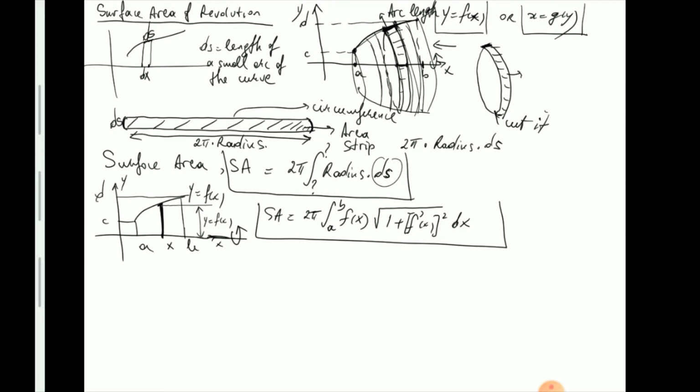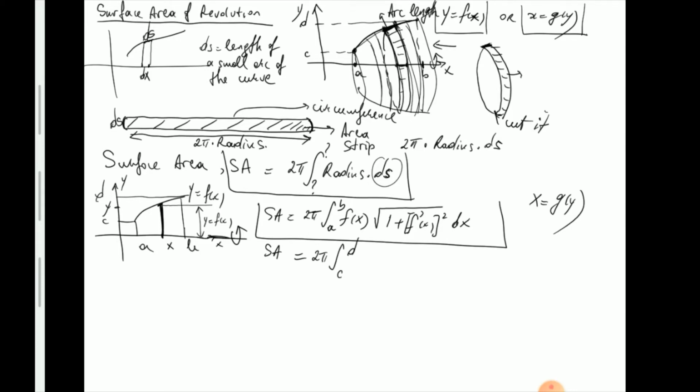So for example, the same formula in terms of y, let's say I'm writing x as a function of y instead of y as a function of x. Then obviously in that case, the integral will be with respect to c and d, the domain for y. So it's going to be 2 pi the integral from c to d.